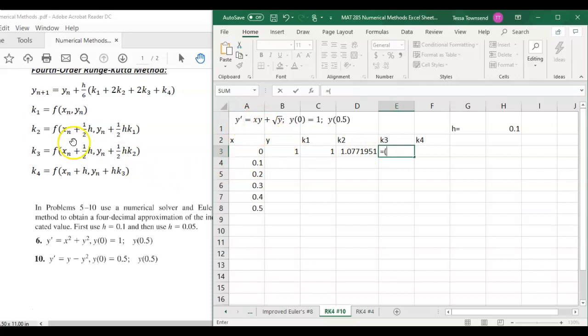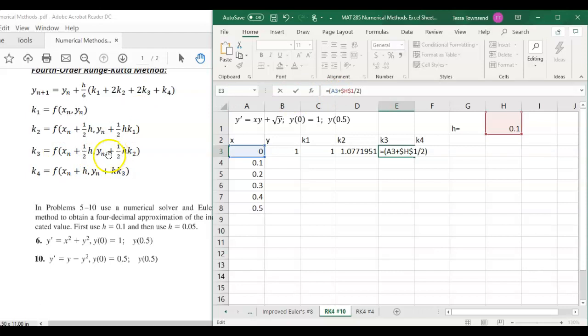Our x formula is going to be x plus half of the step size. So you could do 0.05 times the step size or the step size over 2. Either way. Lots of ways to do it. So there's our x value.